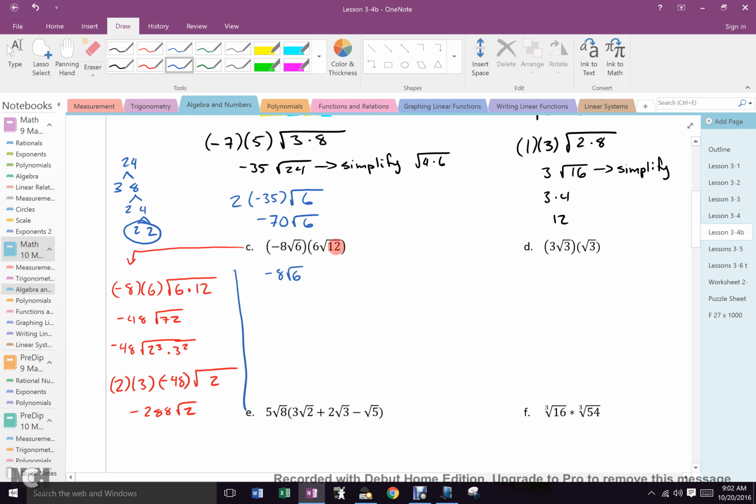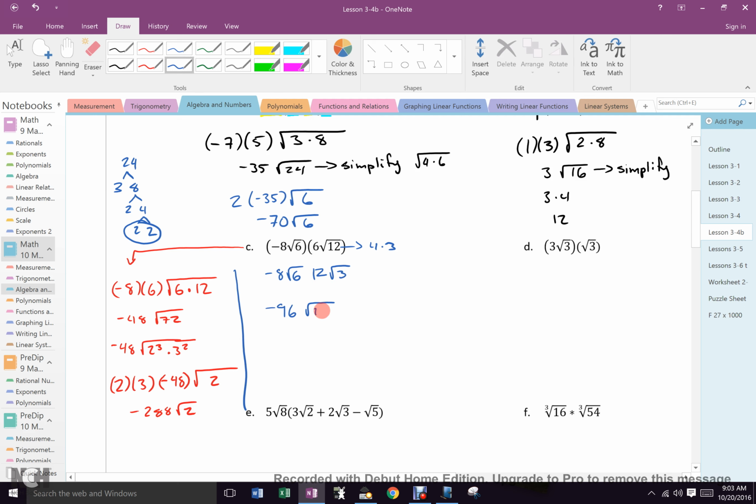But does root 12 simplify? Root 12 is 4 times 3, isn't it? What's the square root of 4? 2. So this becomes 12 root 3. Correct? Now, 8 times 12 is negative 96.